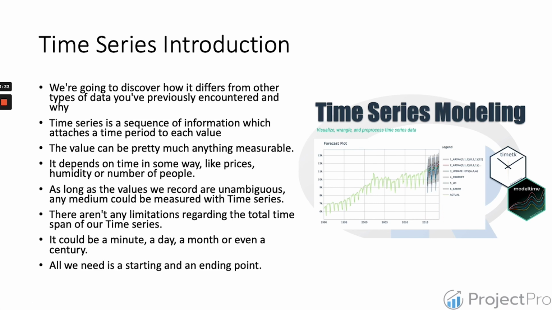The value can be pretty much anything measurable, depending on time in some way. It can be prices, humidity, or a number of people, but it has a time attached to it. Let's say today's temperature is 30 degrees, tomorrow's temperature is 40 degrees, and so on. Every row has a time attached to it. That is why it is called a time series.